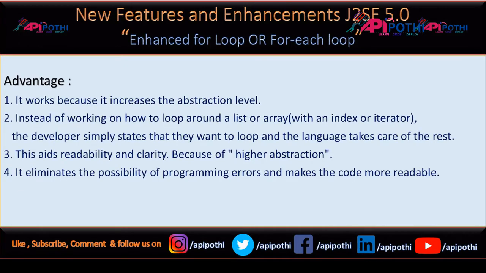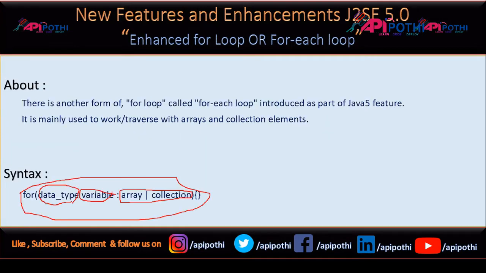Next thing is what is the advantage of the enhanced for loop. If you understand the enhanced for loop very clearly, you see there is no int i equal to 0, nothing. You just have the collections API from where we are receiving the value and the variable where we are keeping the value.